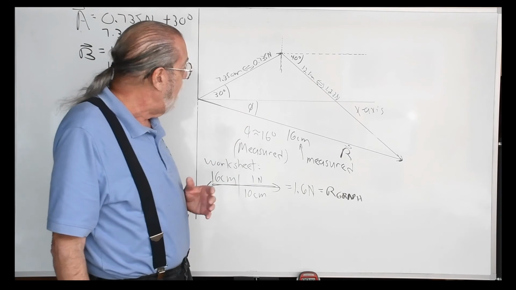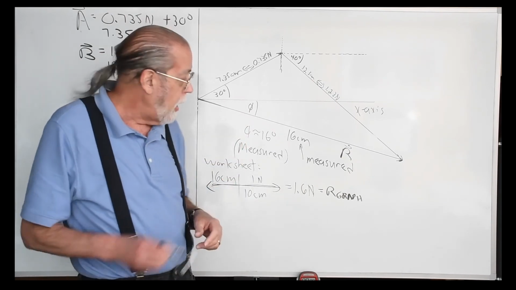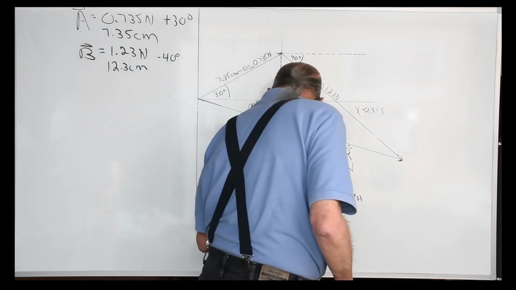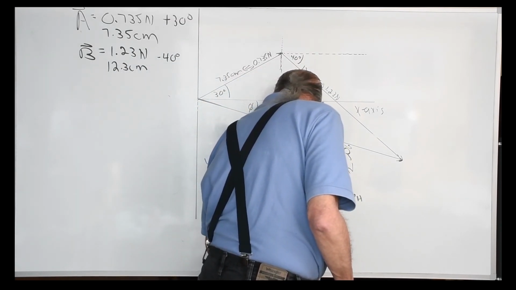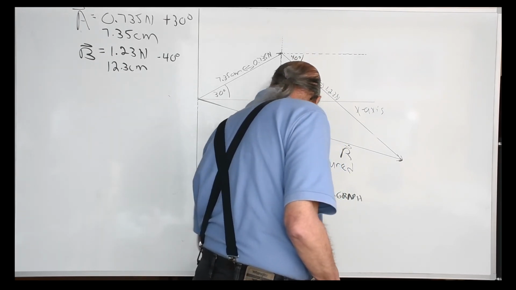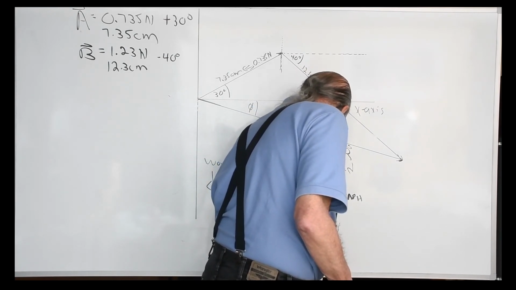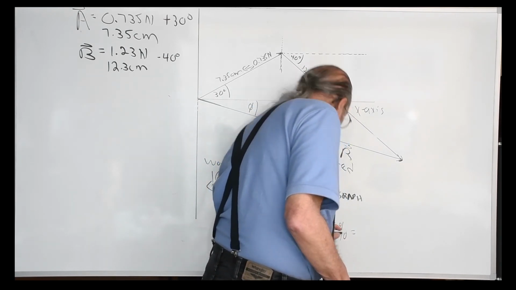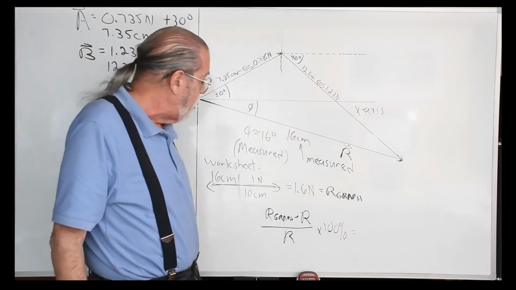If you've done things accurately, it should be reasonably the same. But you can calculate the graph value minus the component value, which we'll just call R, divided by the component value times 100%, and that will tell you what is the percent difference between the two values.